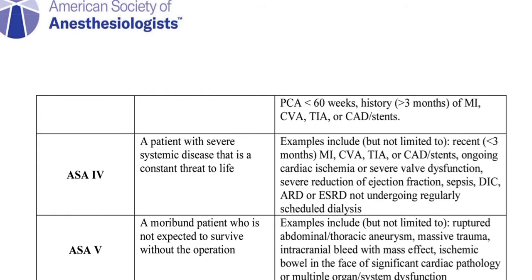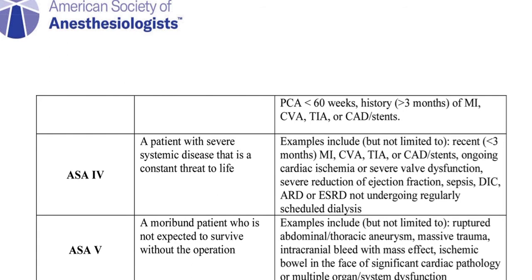The examples include but are not limited to a recent myocardial infarction, that is less than 3 months, cerebrovascular accident, transient ischemic attack or coronary artery disease or stent replacement that is recent, ongoing cardiac ischemia or severe valve dysfunction, severe reduction of ejection fraction, sepsis, DIC, ARD or ESRD, that is end stage renal disease not undergoing regularly scheduled dialysis. These are all conditions that are a constant threat to life.